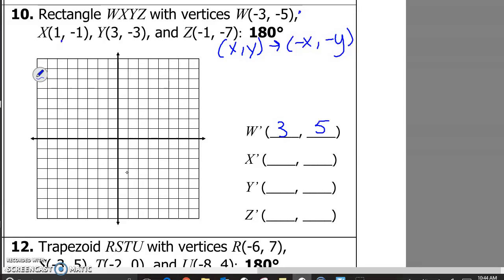The opposite of 1, negative 1 is negative 1, positive 1. Okay, the opposite of 3 is negative 3. Opposite of negative 3 is 3. And for Z, the opposite of negative 1 is 1. Opposite of negative 7 is 7. So those should be your coordinates for your new image.